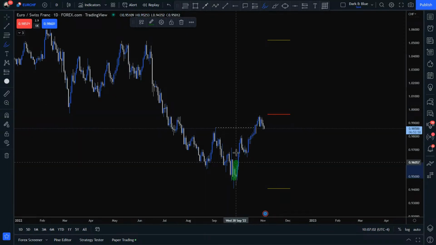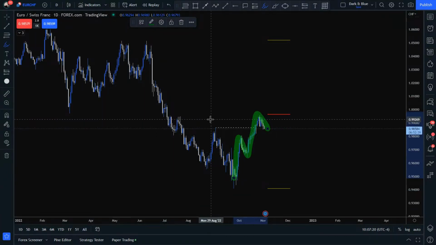We have an uptrend developing on the internal structure of the daily swing high and low in this trading range. So buys are permitted.